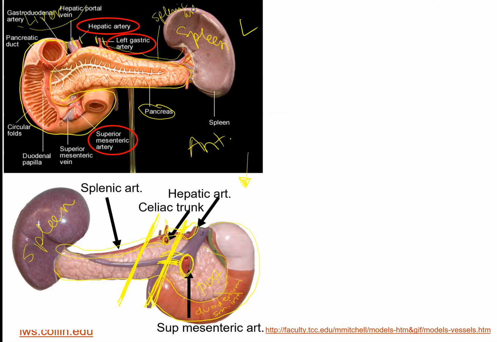So there are pictures of this model on D2L, or sorry, on Quizlet. And then what we saw down here as the very beginning of the superior mesenteric artery, you can see it on the flip side, the anterior side of this model as well, and it's right there. So that would be if you just turn the model around and look at where it's punched through underneath your pancreas is right there.